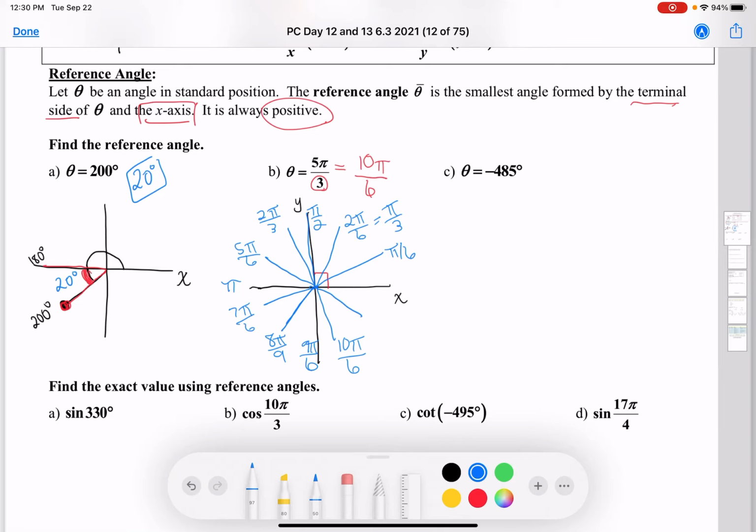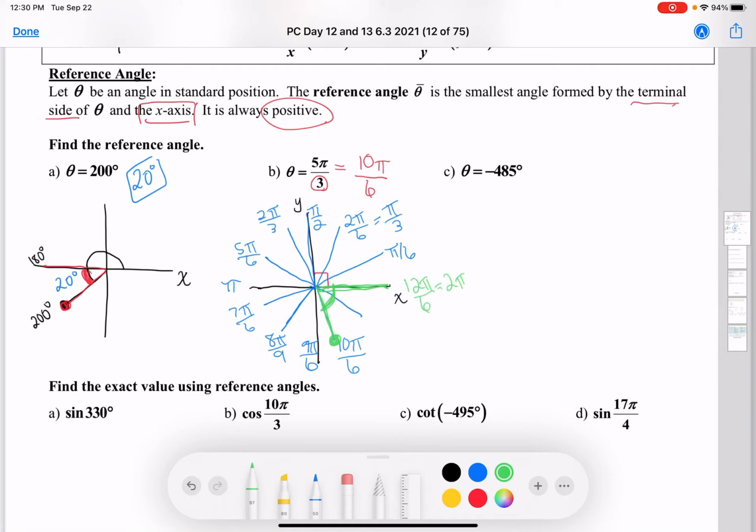So that tells me then that this is my reference angle, right in here. Remember again, it is from our terminal side, so that would be where we stopped at, and the x-axis. So this is the angle that I'm referring to in green. And so the distance between this 10 pi over 6 and the x-axis, well, a full rotation would be all the way to 12 pi over 6, or in other words, 2 pi.